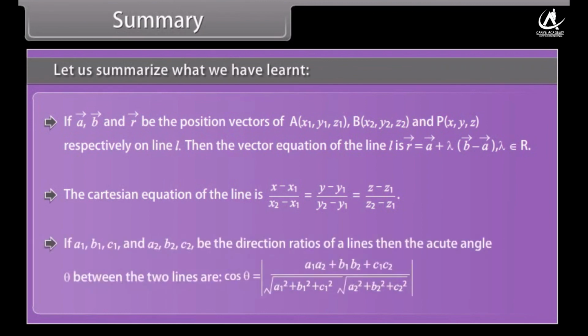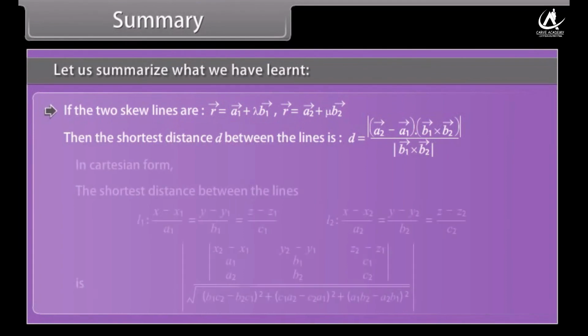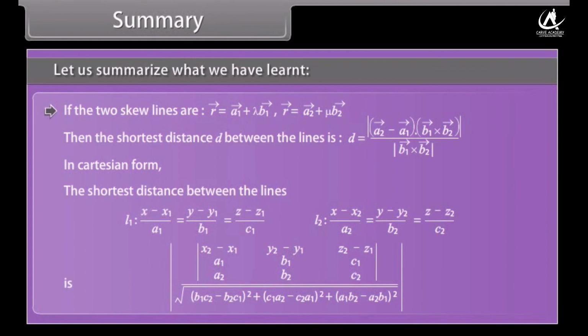If A1, B1, C1 and A2, B2, C2 are the direction ratios of two lines, then the acute angle theta between the two lines is given by the formula. If the two lines are skew, then the shortest distance d between the lines is given by the formula; in Cartesian form, the shortest distance between the lines is given by the formula.